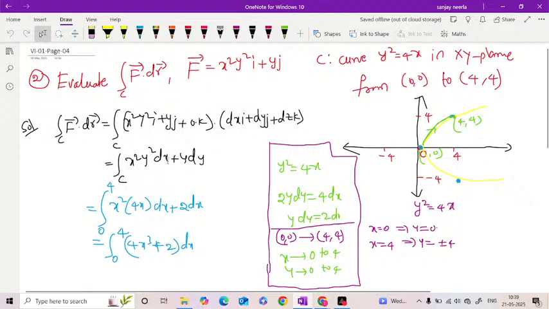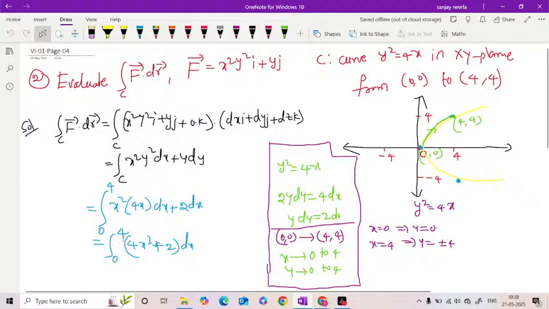In this direction, same. So do the dot product of these two vectors, we will get the integral over C of x square y square dx plus y dy. So here also, just change the total in terms of either variable x or variable y. Here also I am taking the total in terms of variable x only. That means substitute y square is equal to 4x, and y dy is equal to 2x dx, and the x limits are 0 to 4.